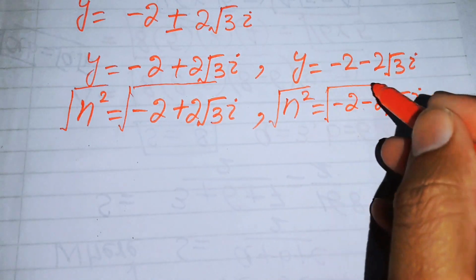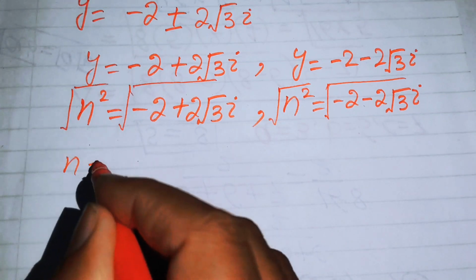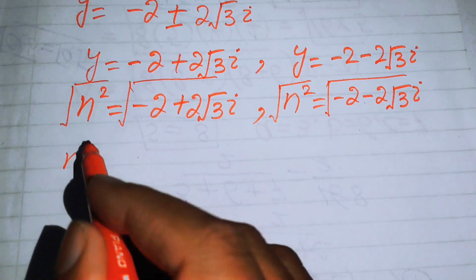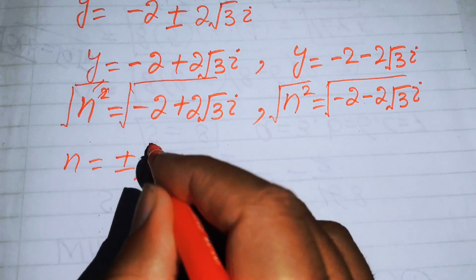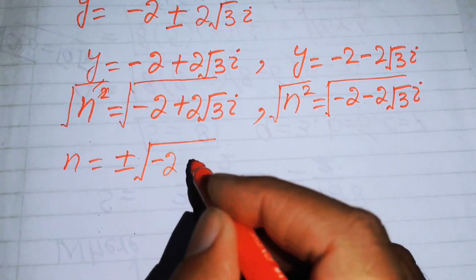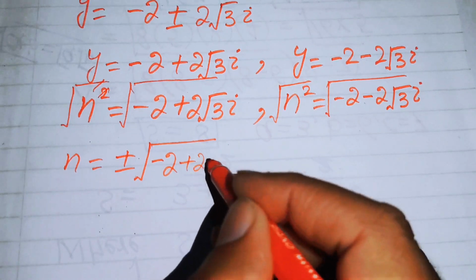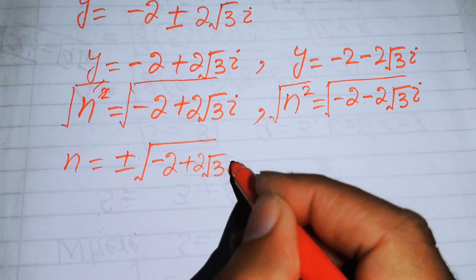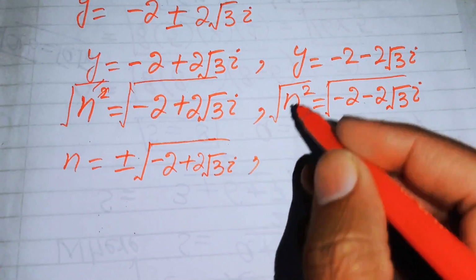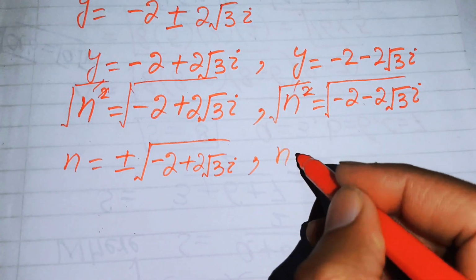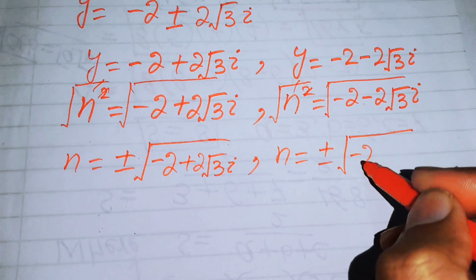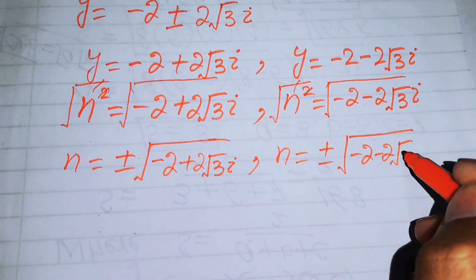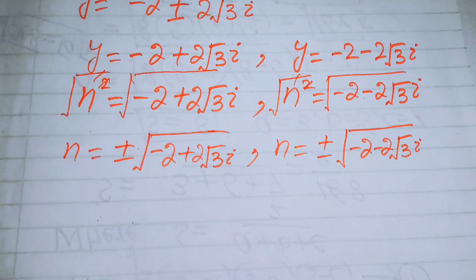You will get the other solutions. Here you get n equals plus minus the square root of minus 2 plus 2 times square root of 3 iota. Similarly, here you obtain n equals plus minus the square root of minus 2 minus 2 times square root 3 iota.